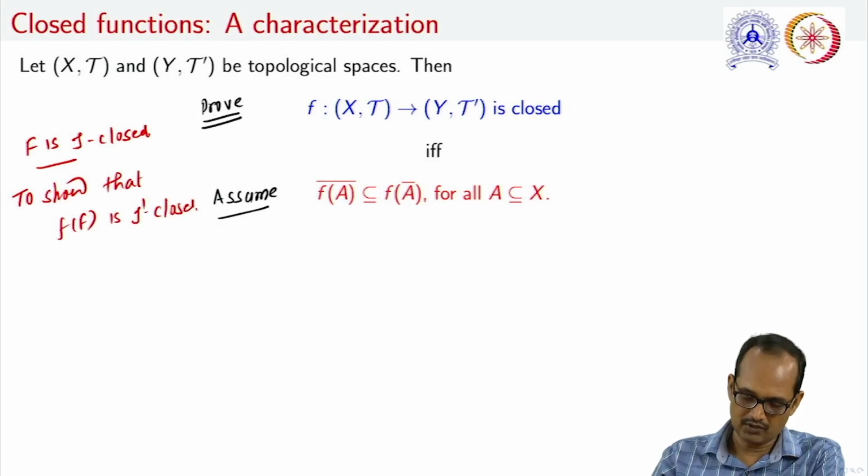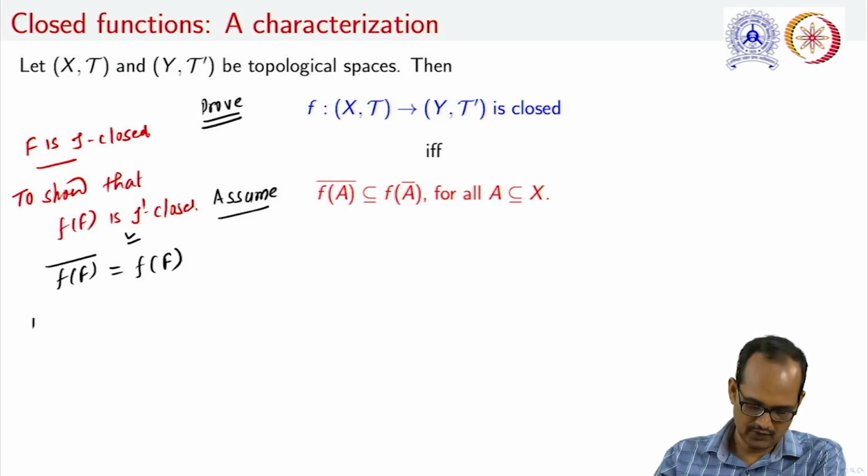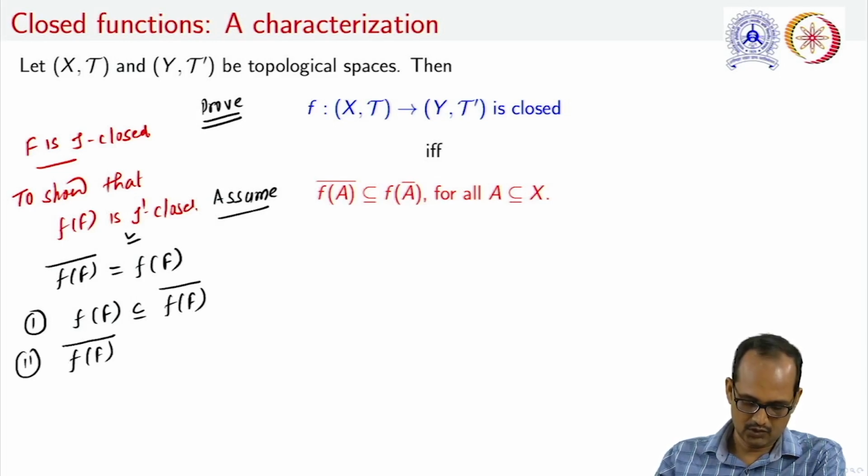In order to justify that this is tau dash closed, it is enough to show that closure of f of F is equal to f of F, and this is equivalent to these two statements: justify that f of F is a subset of closure of f of F, and also justify that closure of f of F is a subset of f of F.